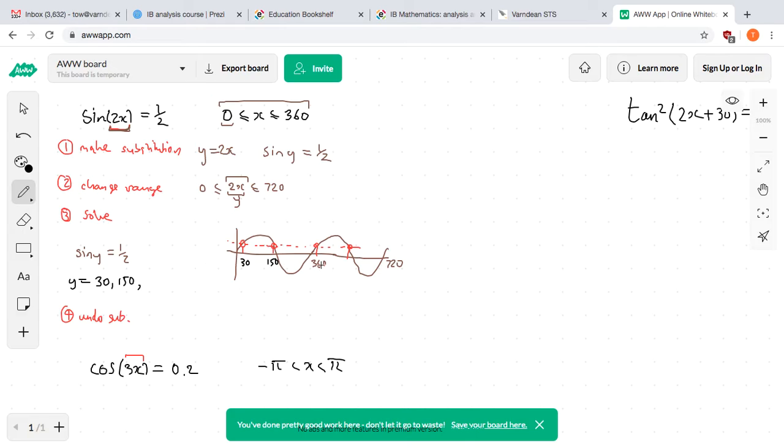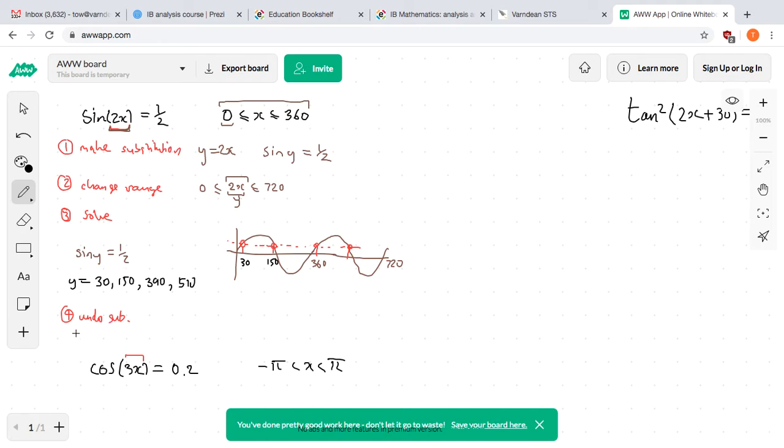And then remember, to get the other two, you just add 360 to what you've got. So 30 plus 360 is 390, and 150 plus 360 is, being lazy, terrible arithmetic, 510. So those are answers for y's.